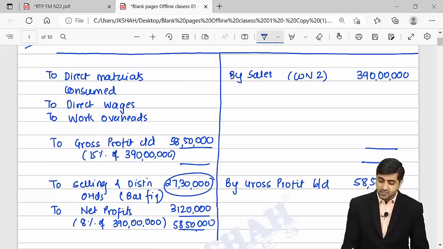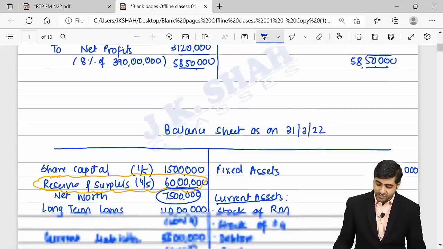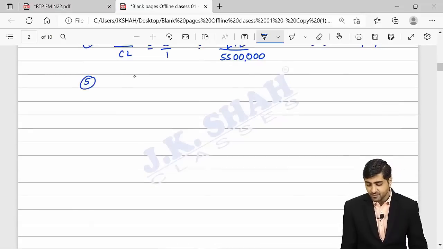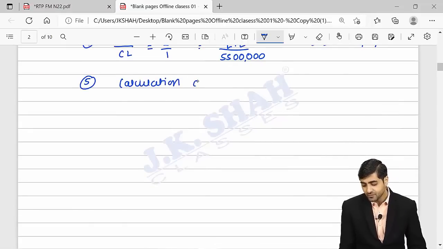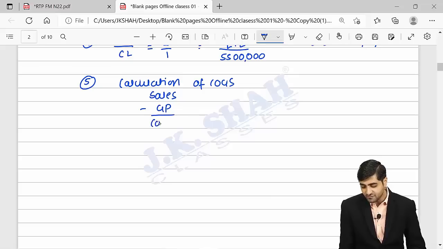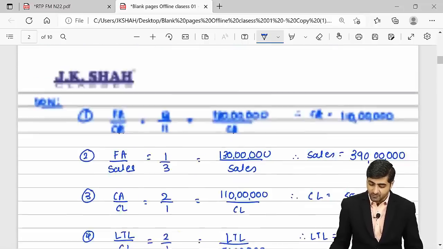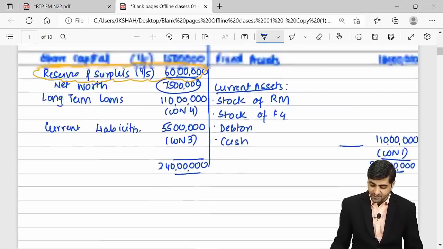Yes sir. So guys, now we will prepare a working note for the same. So we will write down working note number 5, calculation of COGS, and that is nothing but sales minus GP. This actually gives you your COGS. So your sales is 3 crore 90 and GP is, you just now got the amount, which is 58 lakh 50,000.